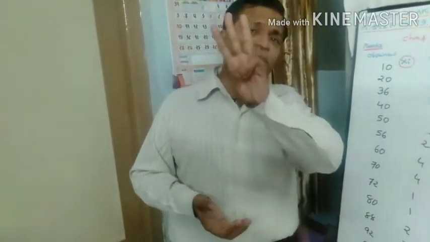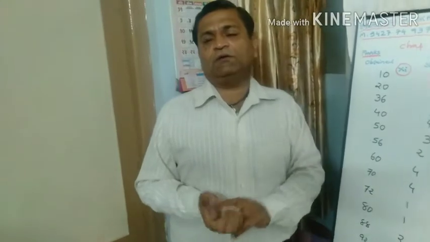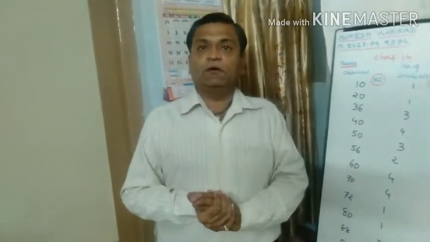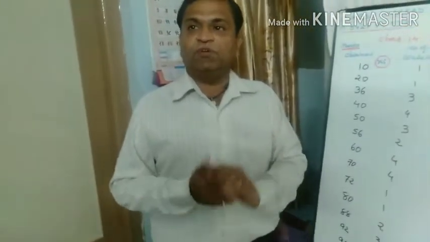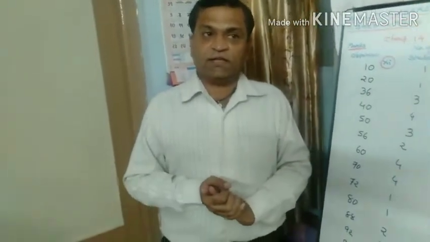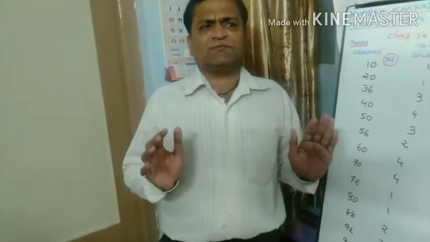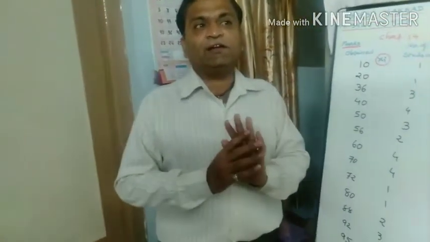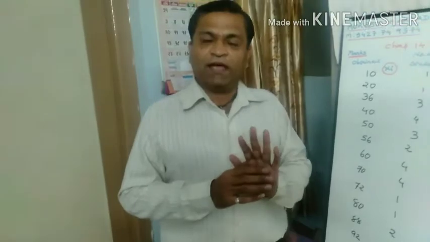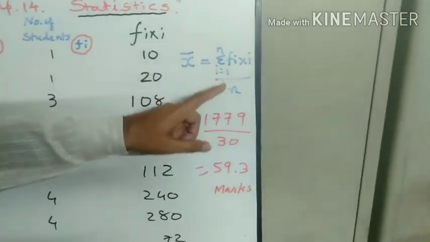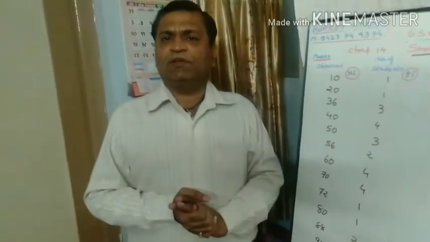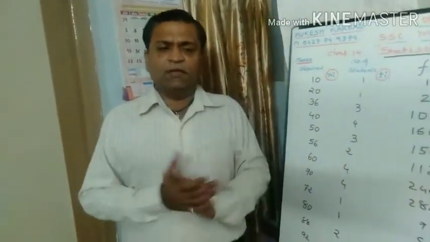There are 3 methods for finding out the mean of classified data, and we will discuss them next. Today I have just introduced you to statistics, and we have studied a simple formula: x bar is equal to sigma fi xi upon n, and step by step we will learn statistics easily.